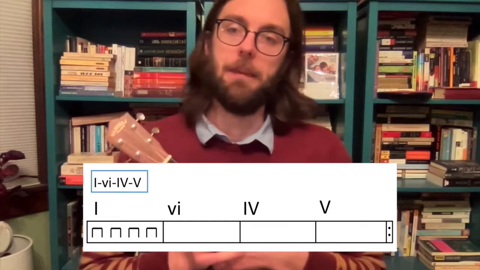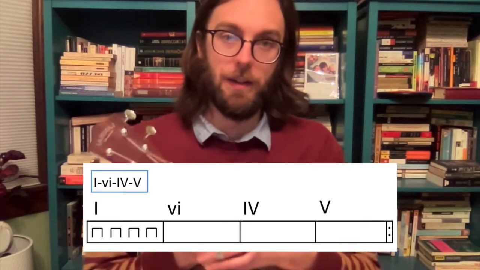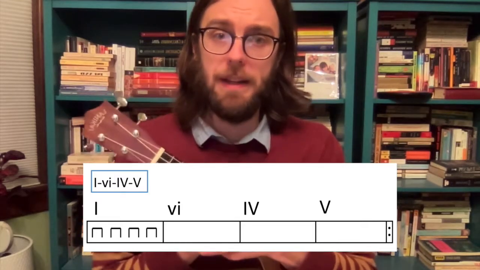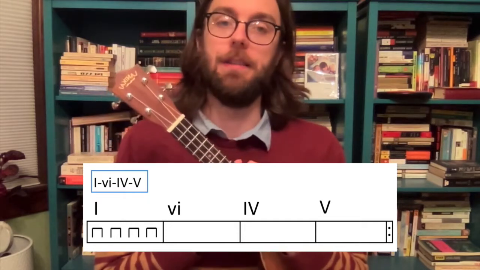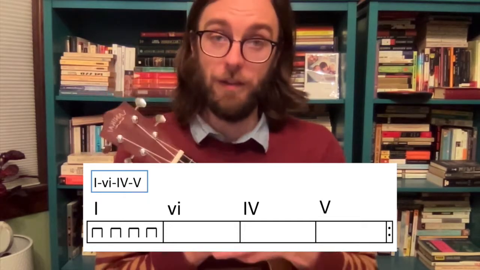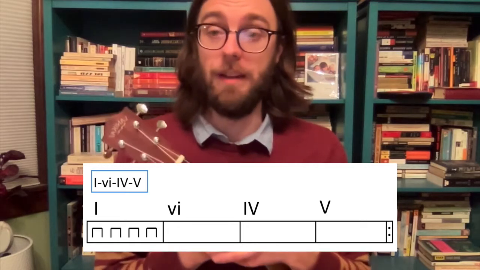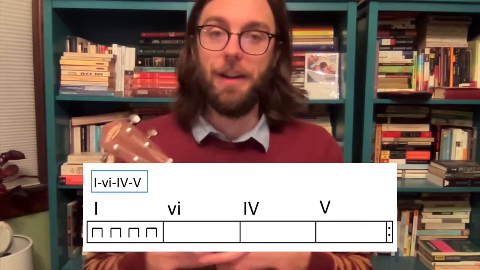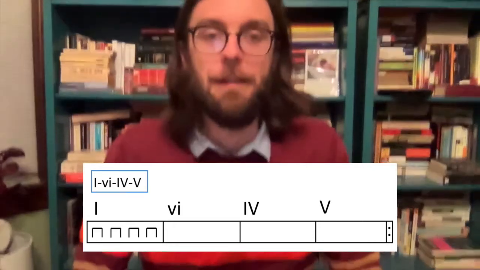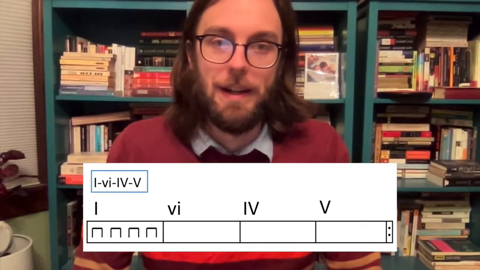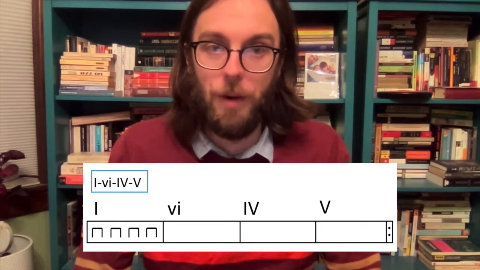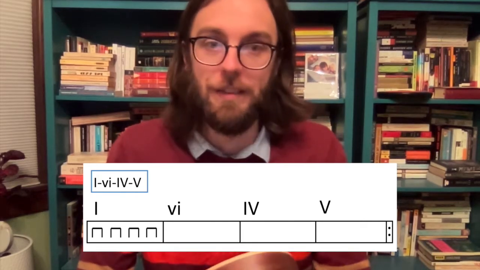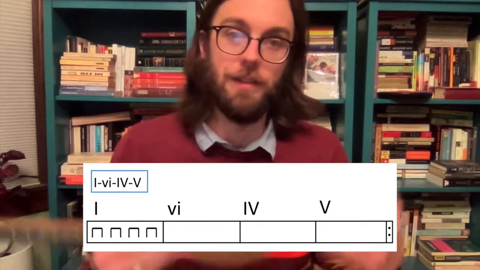So I'm including a link to a Wikipedia page about the 50s progression, because it has a huge list of songs on there for examples. And you'll see on there that even though it's called the 1950s progression, it has countless examples from the 50s, 60s, 70s, 80s, 2000s, and on.